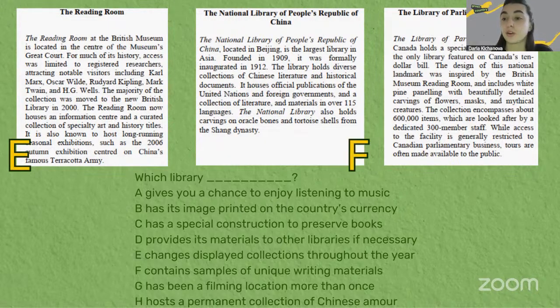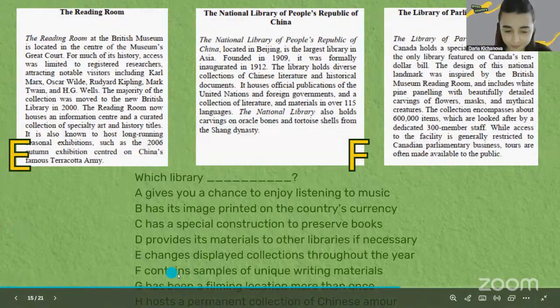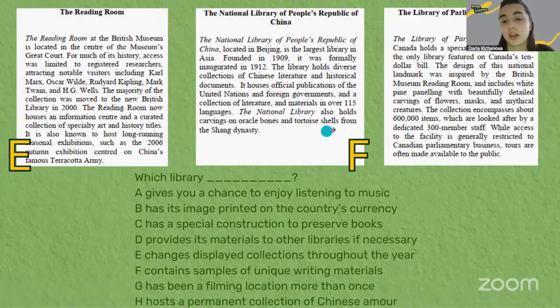And here we already have this information about samples of unique writing materials, because we have bold carvings on oracle bones and shells from the Shang dynasty. So here you can take a look that in the previous text when you answered F, we didn't have any details about writing. There we have it. So please pay attention to the details.